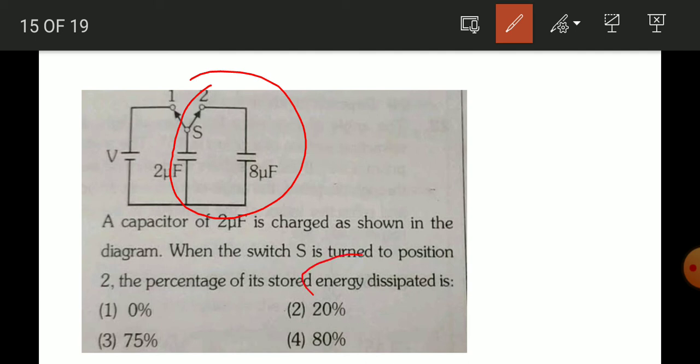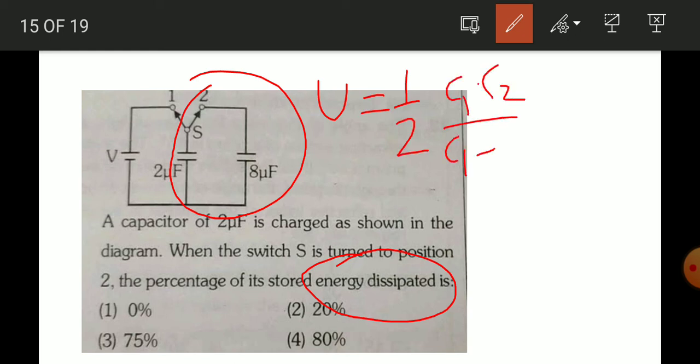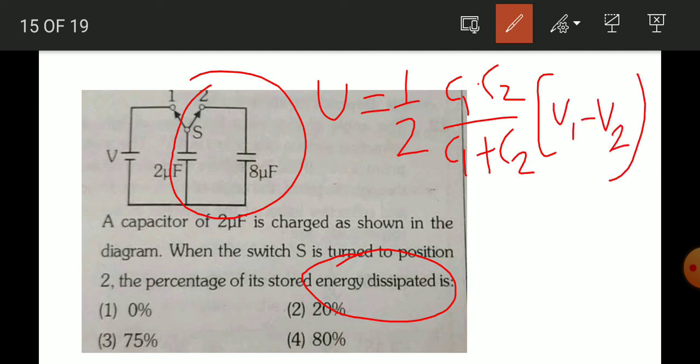So we have to calculate the energy dissipated, meaning loss in energy. Basically we have to utilize this formula: half C1 C2 upon C1 plus C2 times (V1 minus V2) whole square, which we have already seen. So you need to remember the formula and we will solve it.